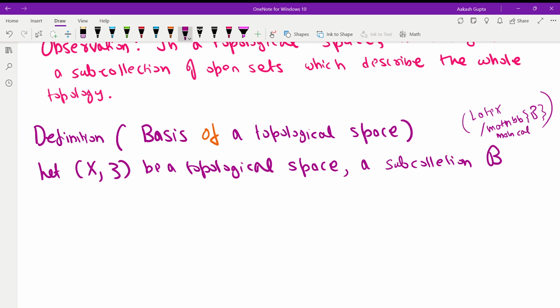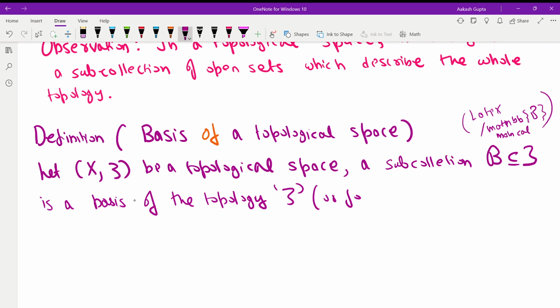So a subcollection B contained in tau is a basis of X with respect to tau, or in other words, a better way to say it, a basis of the topology tau, or for the topological space (X, tau), if, what is the definition?